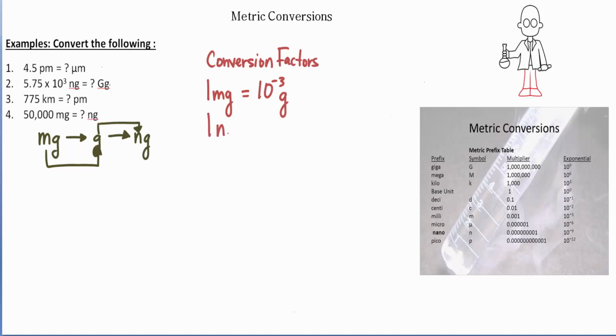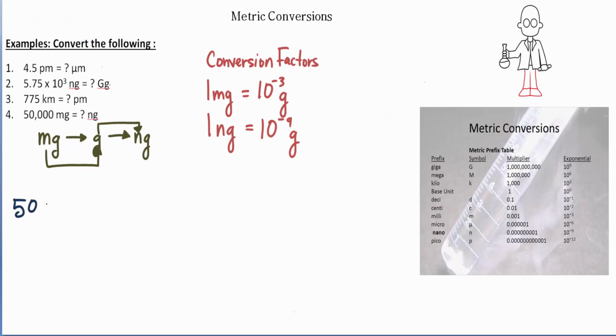In 1 nanogram, we have 10 to the minus 9 grams. Now, let's set up our problem.